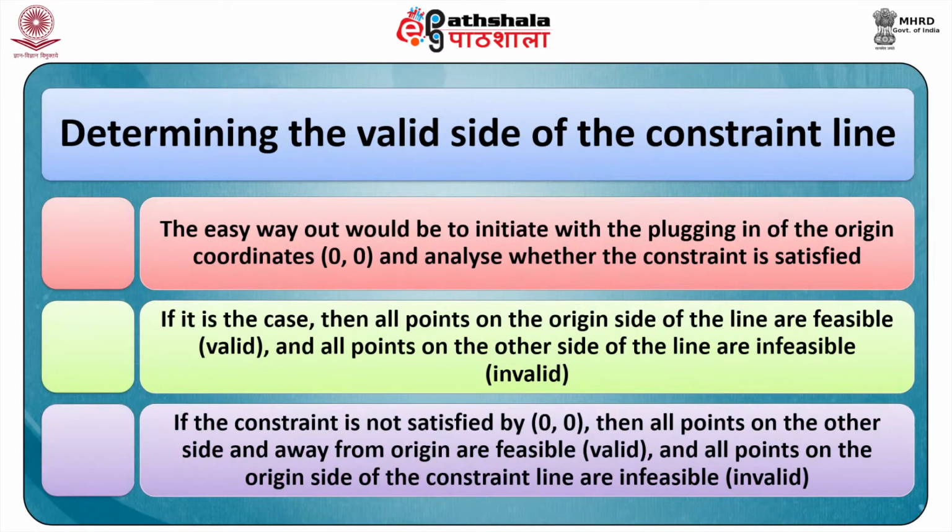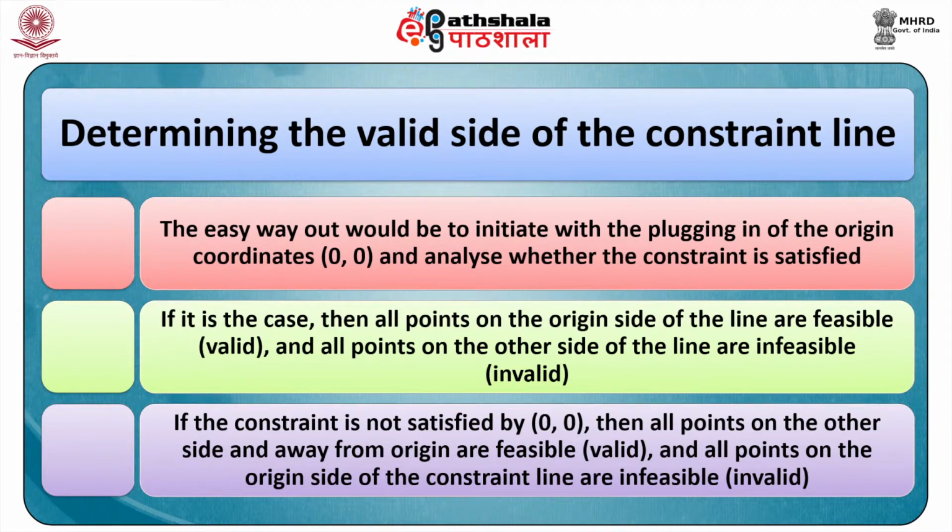Step 3. Determining the valid side of the constraint line. The easy way is to begin by plugging in the origin coordinates, that is 0, 0, and analyze whether the constraint is satisfied. If it is, then all the points on the origin side of the line are feasible, that is valid, and all the points on the other side of the line are infeasible, that is invalid.